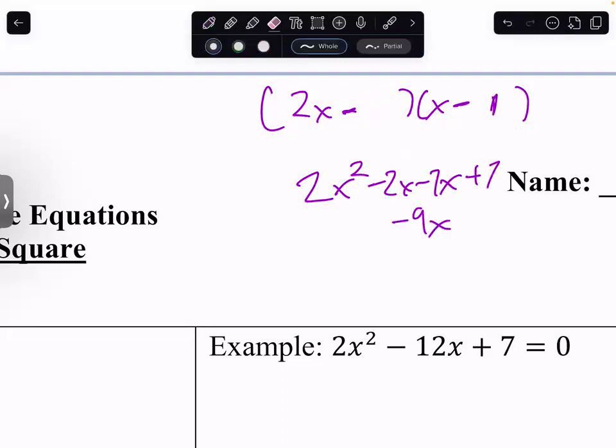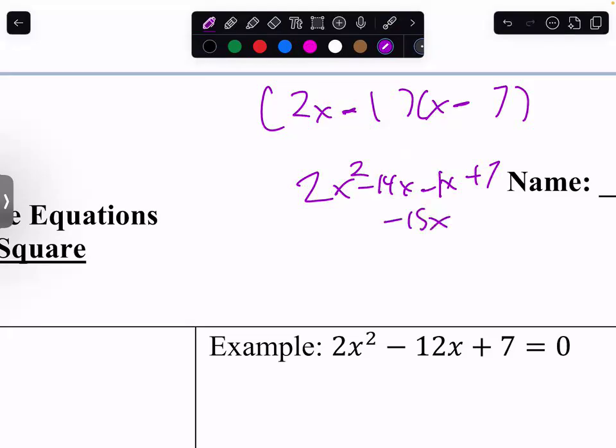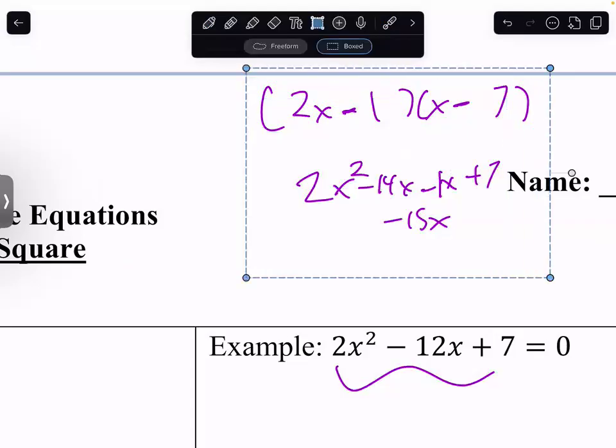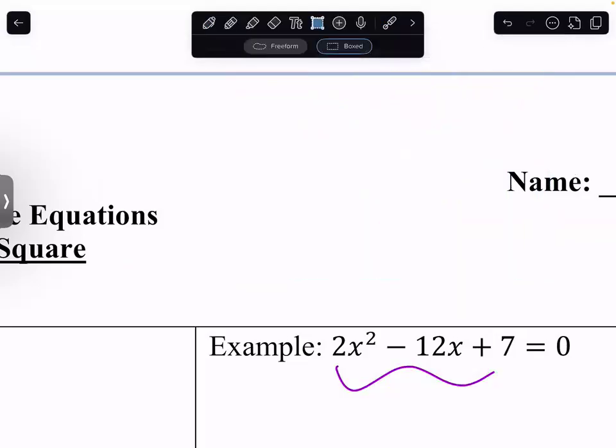If you try switching these, it would become 2x times negative 7 is minus 14x, minus 1x, that'd be minus 15x in the middle. So this is not factorable. Up until today, we would have said it's impossible or there's no solution. But there actually is a way to get the answer. We just need to learn a new method.